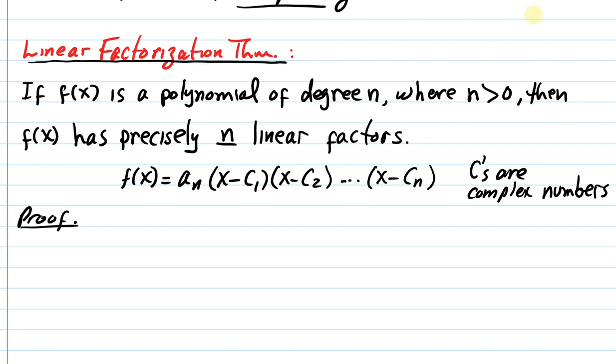They all tried to prove this theorem, but they weren't successful at it. The correct proof of the fundamental theorem of algebra is credited to Carl Gauss, who published it in his doctoral thesis. So very interesting historical background.